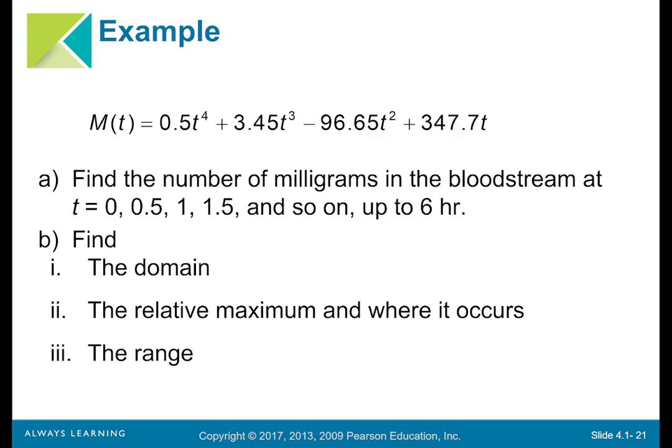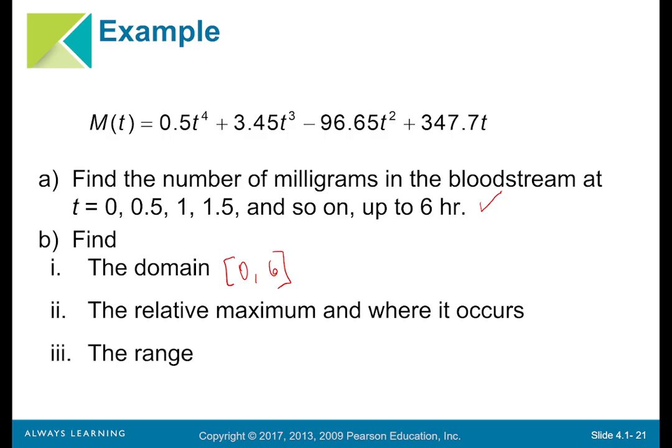So remember, off the table, we can pick up this part A. I think my pen's on. Maybe not. Here we go. We can pick up part A right from the calculator. In the domain, we found 0 to 6 was the domain. 0 and 6 are included.